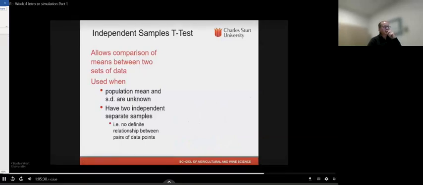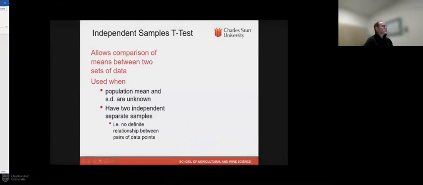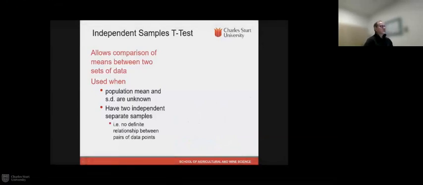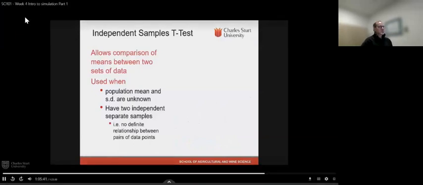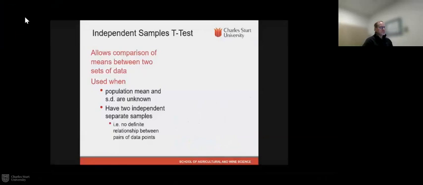Anyway, the t-test will allow us to compare those two data sets, and we use it when the population mean and our standard deviation are unknown. Our population mean might be unknown because if you think about looking at populations, let's say we're doing it on the Australian population, you're not going to go out and test every single person. You're going to test a subset of that, so you don't know the true mean of the population.